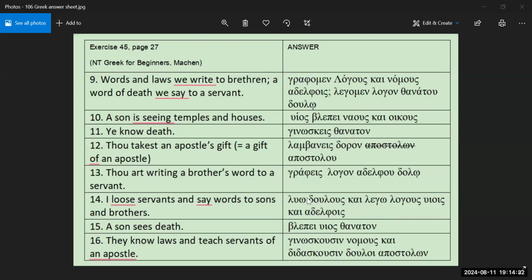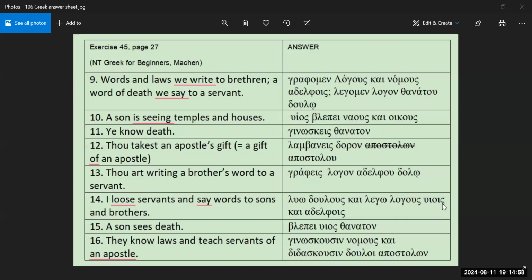So again, the word luo, this is probably the first word that we learned in the Greek. It just means I loose. So the word slaves there is in the accusative. That's the object of what's happening. So I loose servants. There's 2 words there. And I say words. Logois, to.